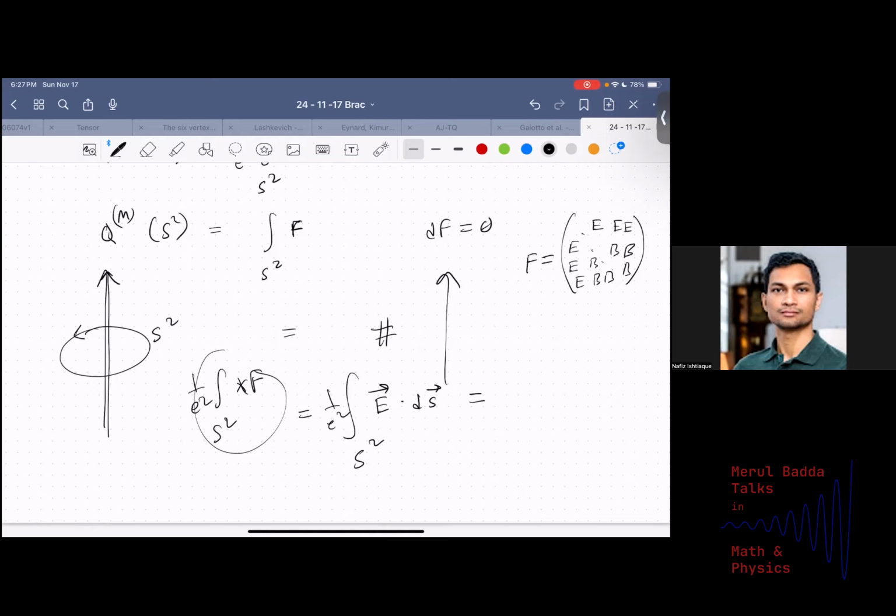It's the electric charge inside this S2, right? So it means that if this line carries electric charge, then this topological operator surrounding this line will give you the line back multiplied by e to the power electric charge.